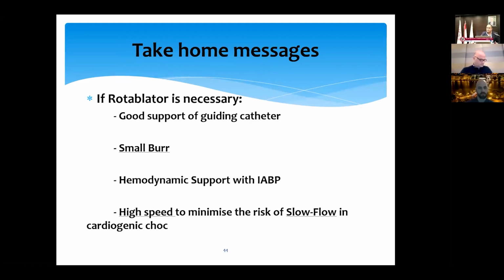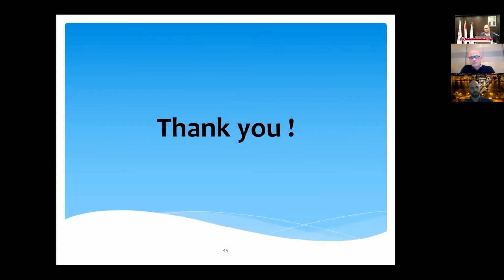But with the coming of studies, the MACE is minimal with the use of a small burr. So small burr, good support of the guiding catheter, hemodynamic support with intra-aortic balloon, why not? And high speed to minimize the risk of slow flow in cardiogenic shock. And thank you. Thank you very much.